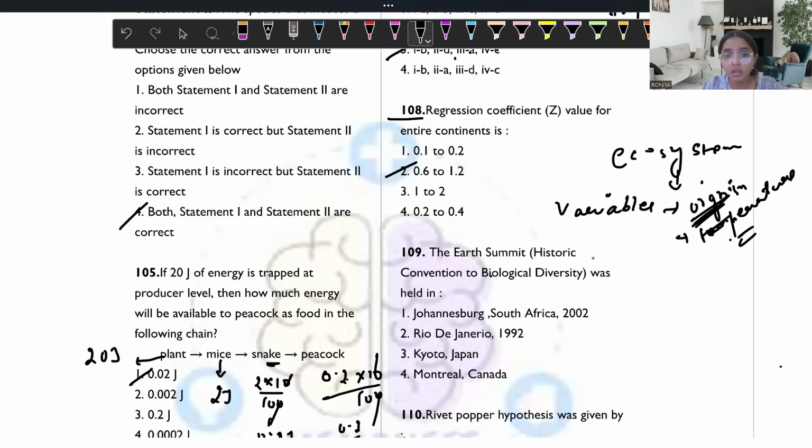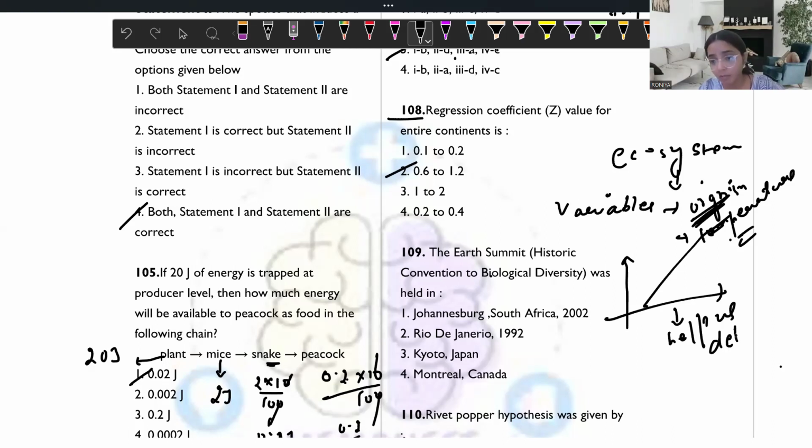So we will plot a graph, and this graph will help us determine the relationship between the organism of this ecosystem and temperature of this ecosystem.